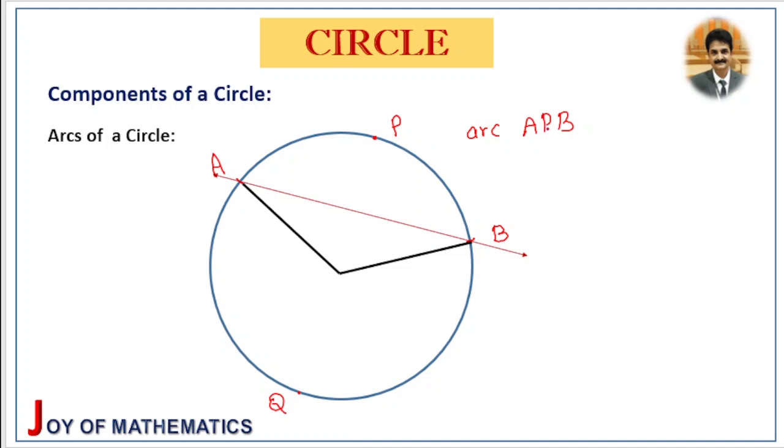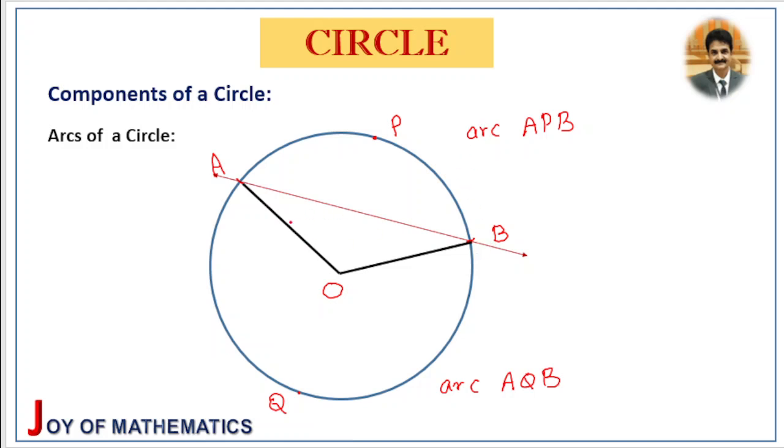For that we need a third letter. So this is arc APB, and here we have another, bigger arc, arc AQB. For both arcs, the end points are the same, A and B, and this is the center. One is a smaller arc, the other is a bigger one.